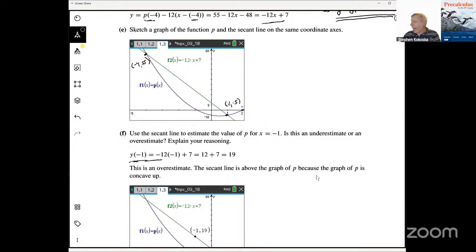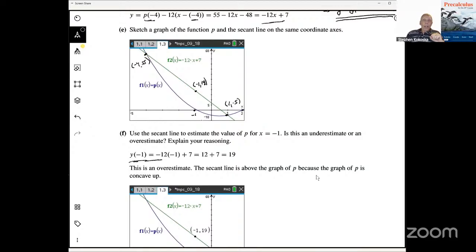I'm going to sneak back up to my graph. Here's -1 right there. And if I evaluate the secant line at -1, there's the value I get, which I think is 19. So that's the point -1, 19. Now, the question is, is this an underestimate or an overestimate of the actual value, p of -1?